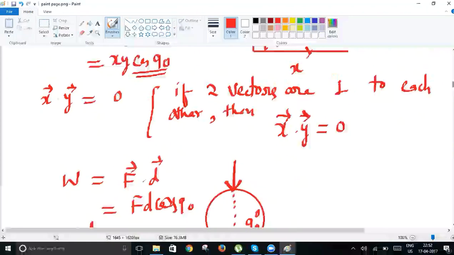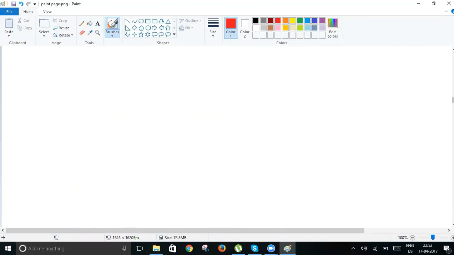Okay, got it. So if you look at the question given in the book, question number 2 part first. You see, it says that the two vectors are perpendicular to each other. Find the value of t.